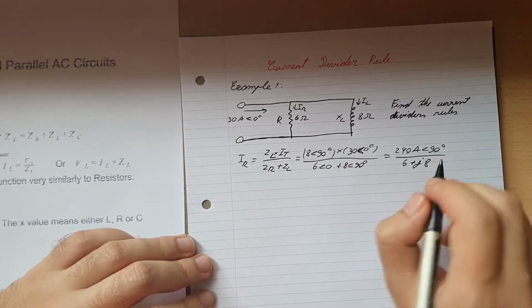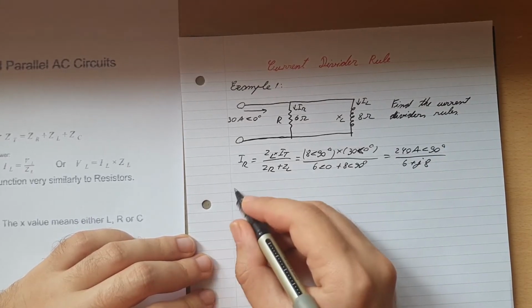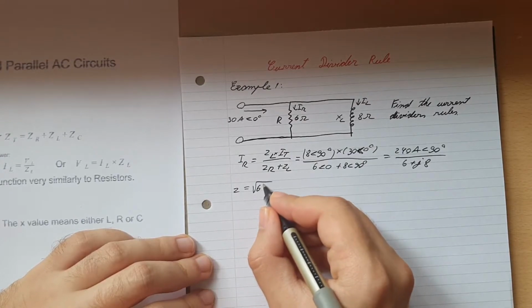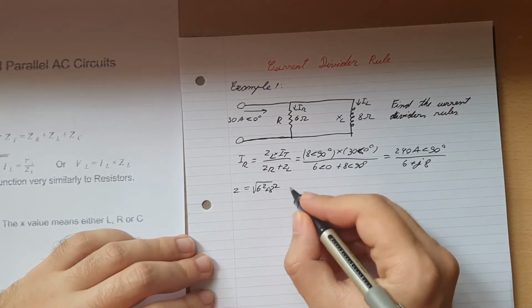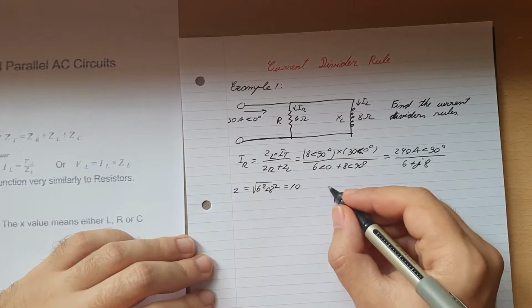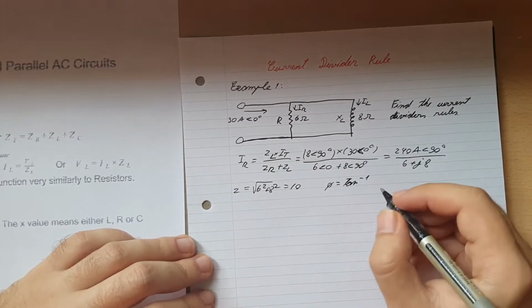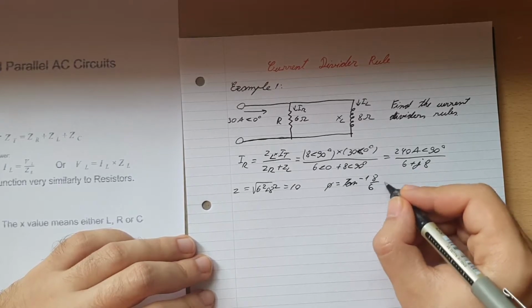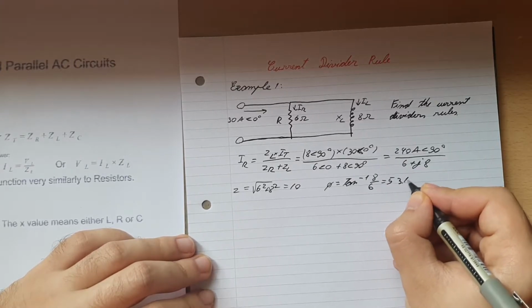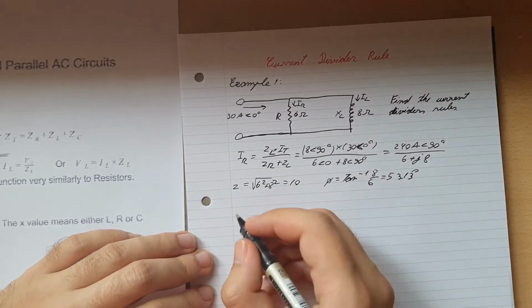Again, the problem is this is rectangular form, so we need to make it into polar form. So Z is equal to the square root of 6 squared plus 8 squared, which is equal to 10. And the angle is equal to tan inverse of 8 over 6, that's equal to 53.13 degrees.